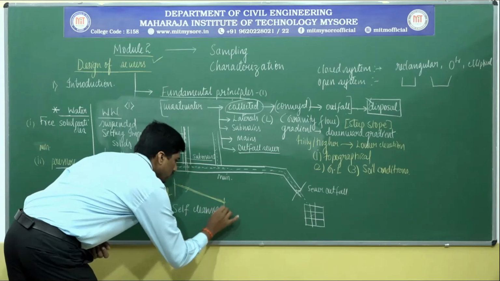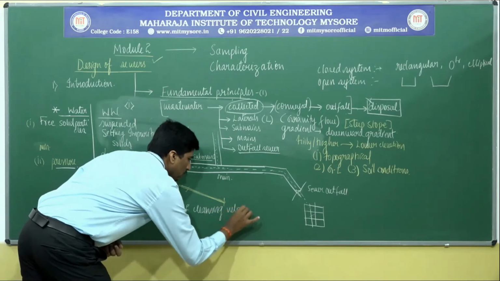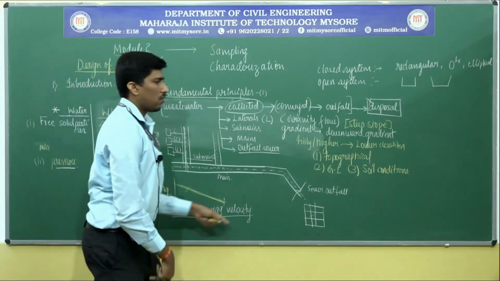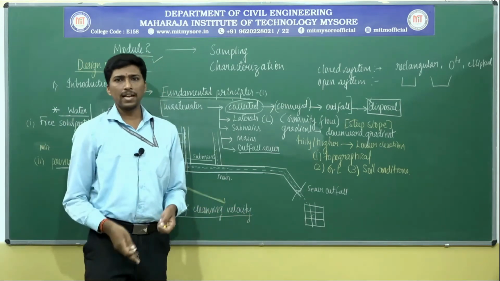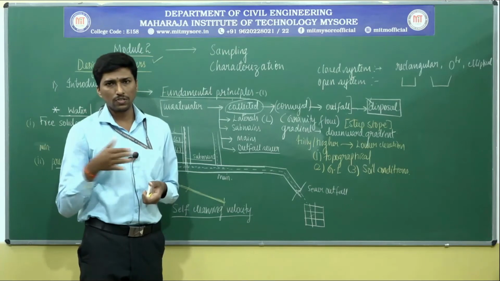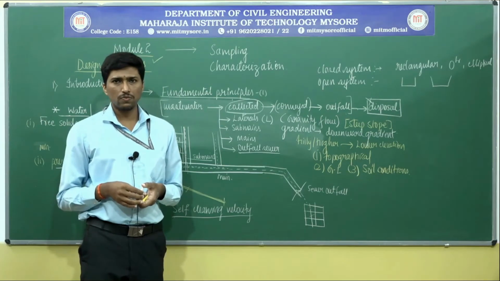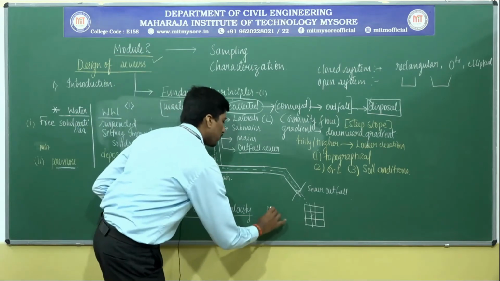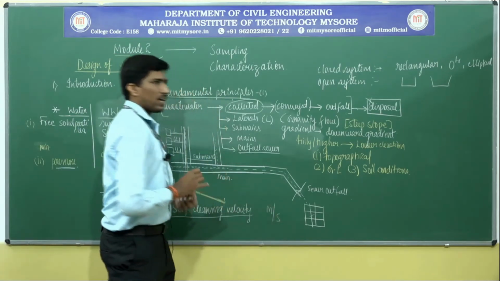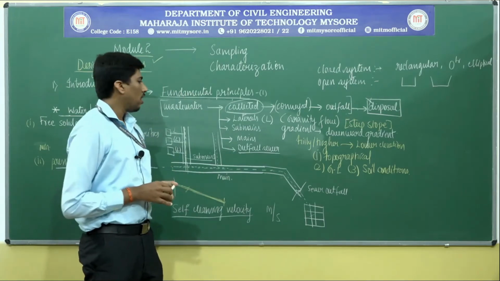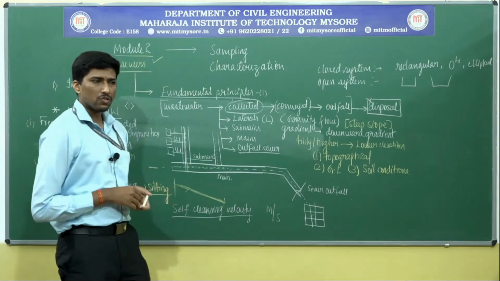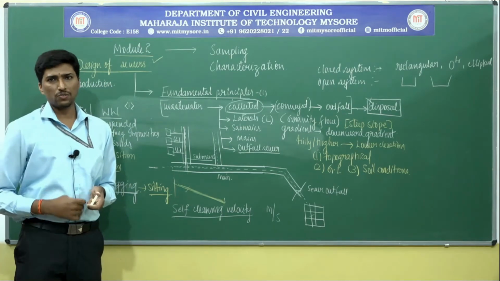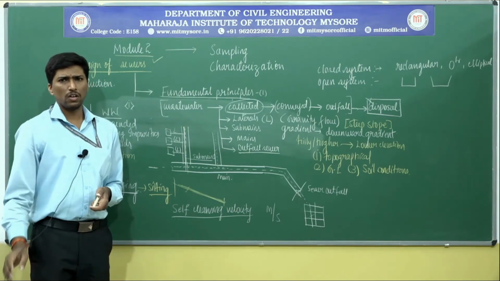Self-cleansing velocity. Why does it have to be provided? Because velocity mainly refers to the distance with respect to the time taken. It is expressed in meters per second. In other words, there are also velocities we call scouring as well as non-scouring velocities.